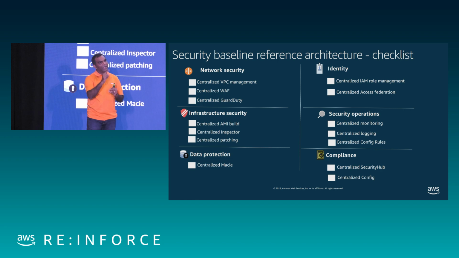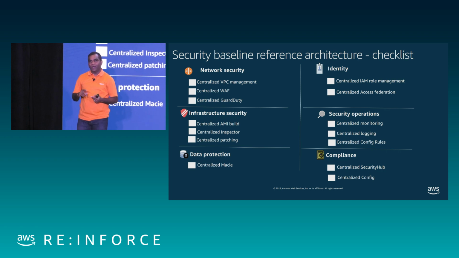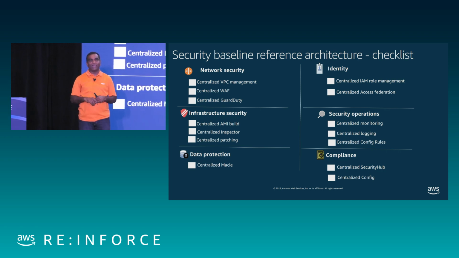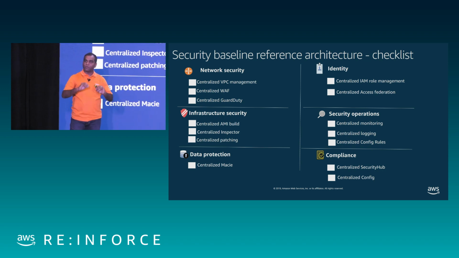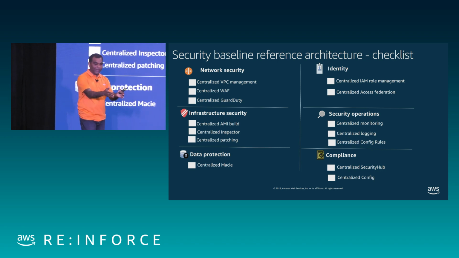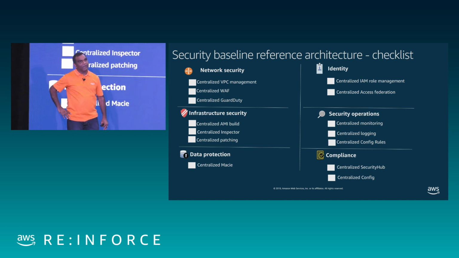You want to push all your WAF rules from one place to do any protection at the edge, whether you are launching CloudFront distributions for your public-facing websites, or launching ALBs, application load balancers. We really want to push these web application firewall rules from one place, so that you know what rules are in action whether you have tens, hundreds, or thousands of accounts. It doesn't matter. You are pushing these rules from one place.